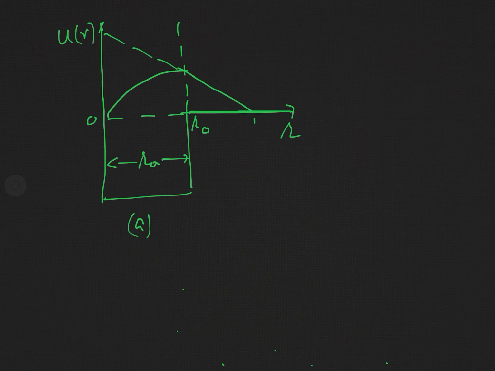And the intercept of this line on the r-axis gives the positive value of the scattering length. This is plus A, which gives the value of the scattering length, or positive scattering length.